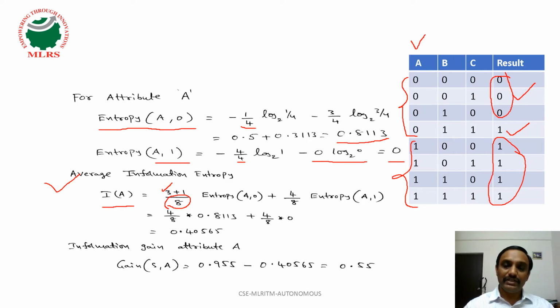By substituting these values and calculating, we get the average information entropy.